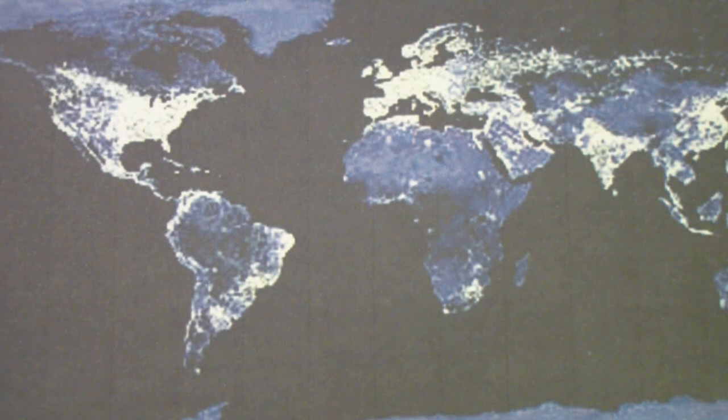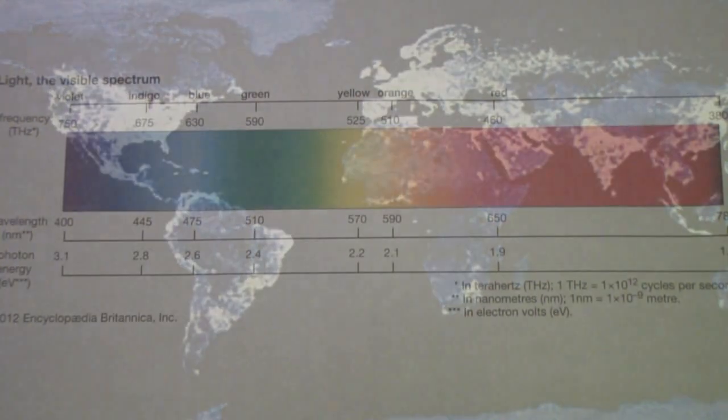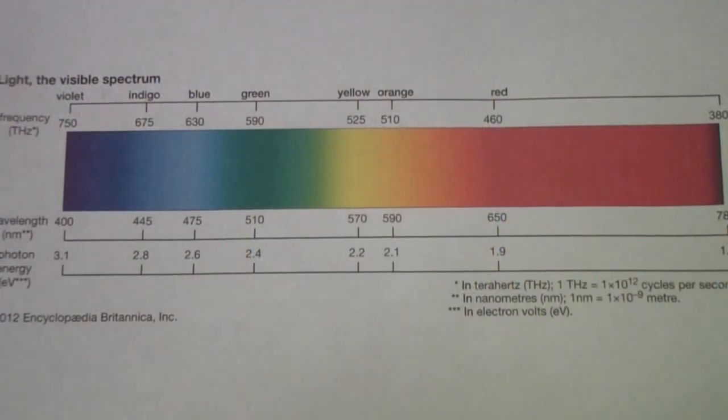So, one of the purposes of filters is to reduce light pollution. Another purpose is to enhance contrast. So to understand both of those, the first thing we have to do is take a look at the visible spectrum. This is a composite view of the visible spectrum. That is, the spectrum that our eyes are most sensitive to.